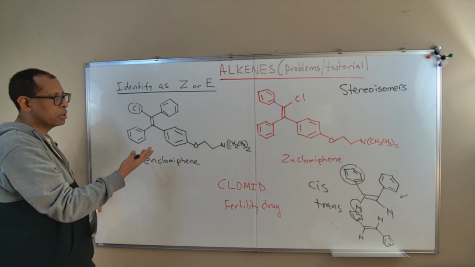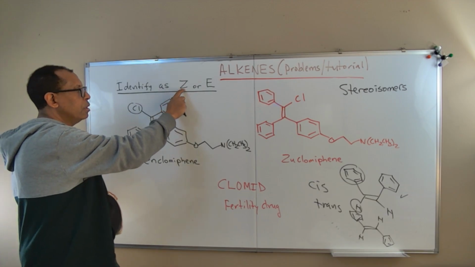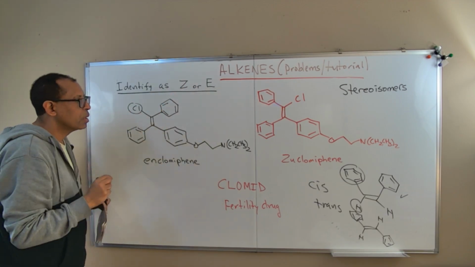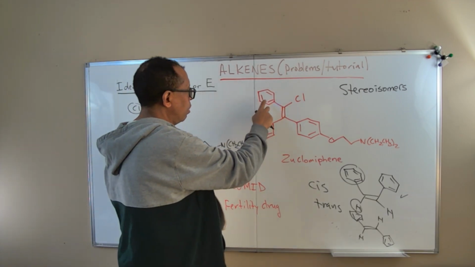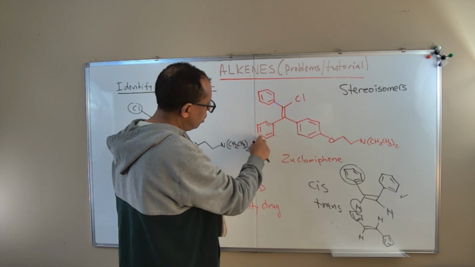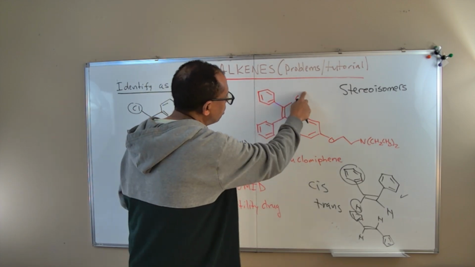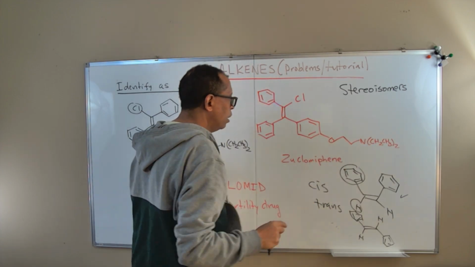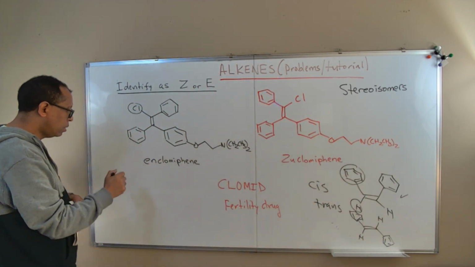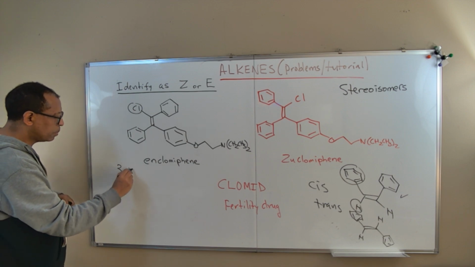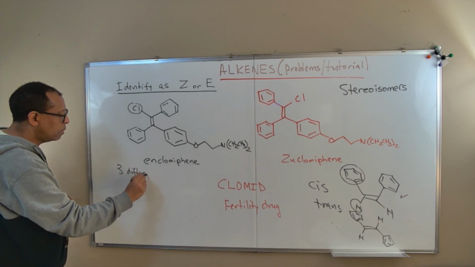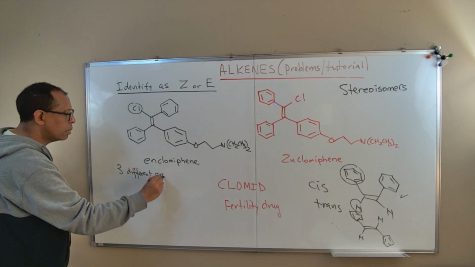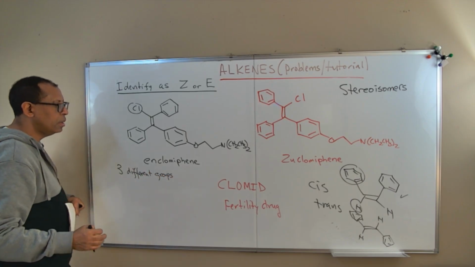If you have 4 different groups, obviously you have to do a Z or E assignment. Here also the same thing. You have one group, which is the phenyl, and this substituted phenyl is different. So you have 3 different groups on Clomid's stereoisomers.